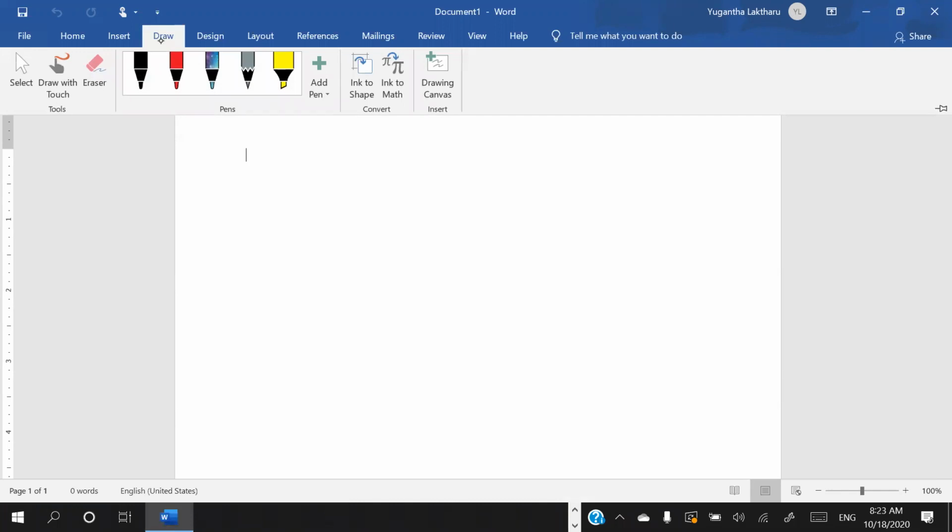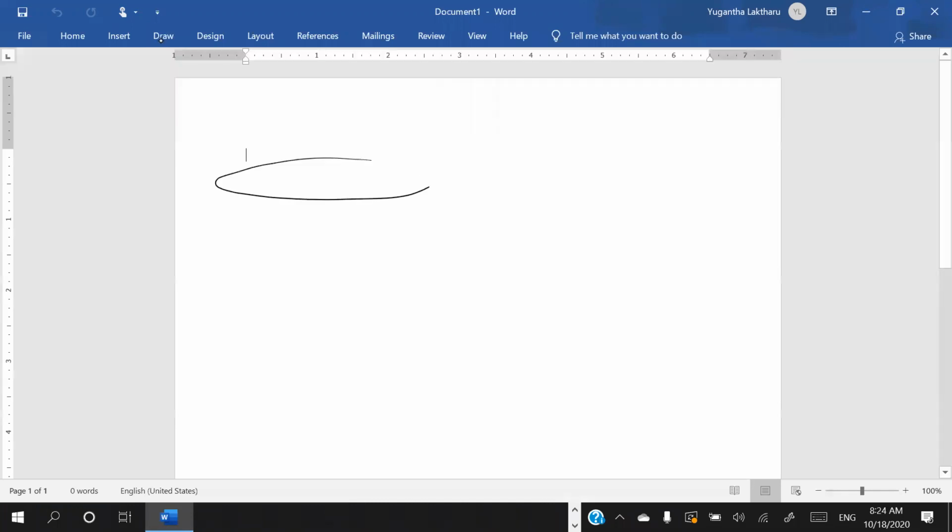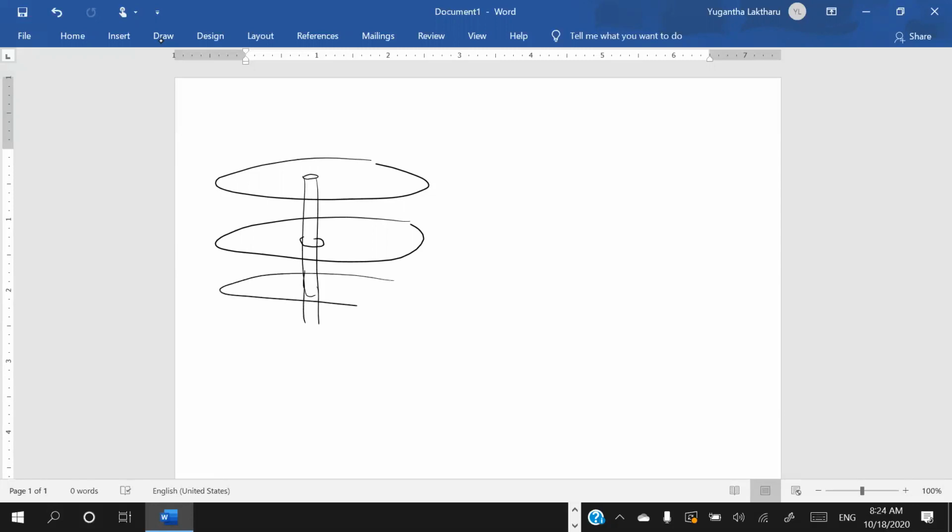So when we think about the storage devices that they are talking about, the hard disk is something like this, right? It has a spindle, and around the spindle there are many platters, right? So like this.